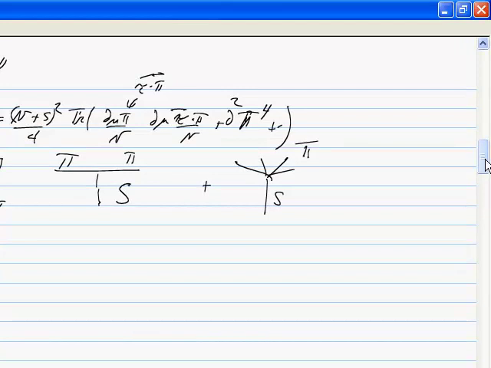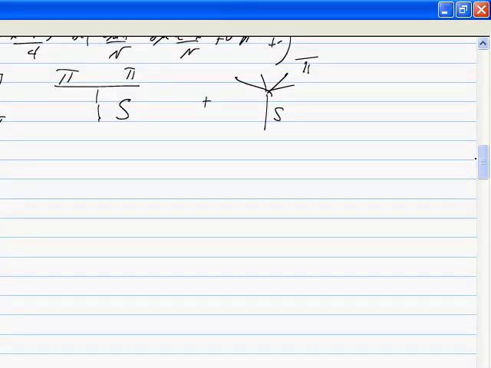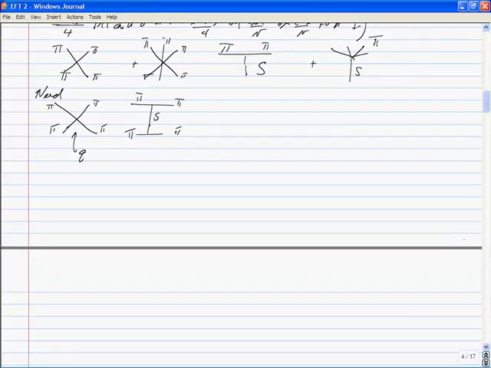Well, one of the things that you can see from looking at that Lagrangian is that each vertex there has 2 powers of the momentum. So this thing goes like energy squared. That vertex up there goes like energy squared. This one down here goes like energy squared.